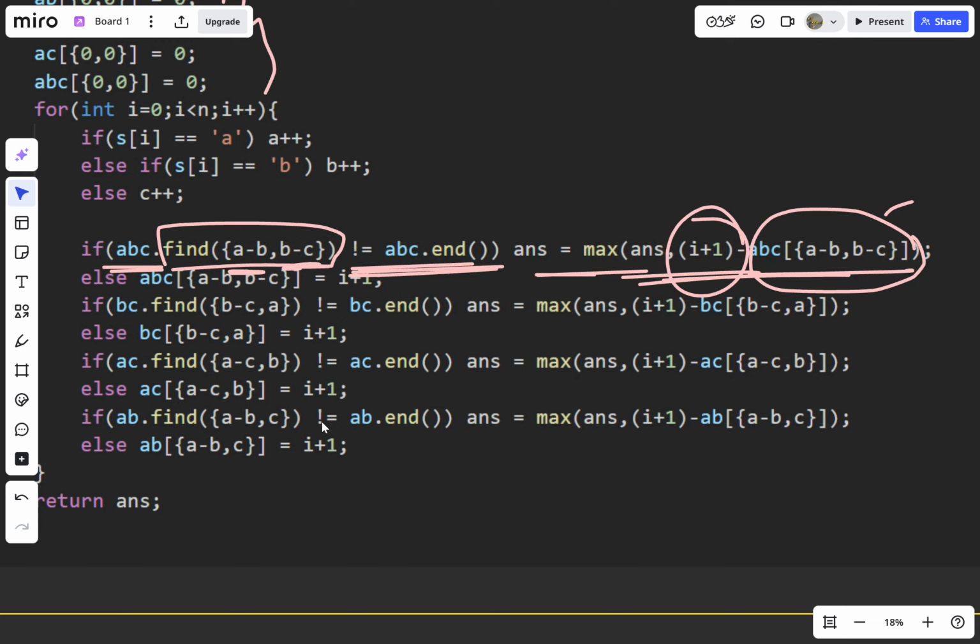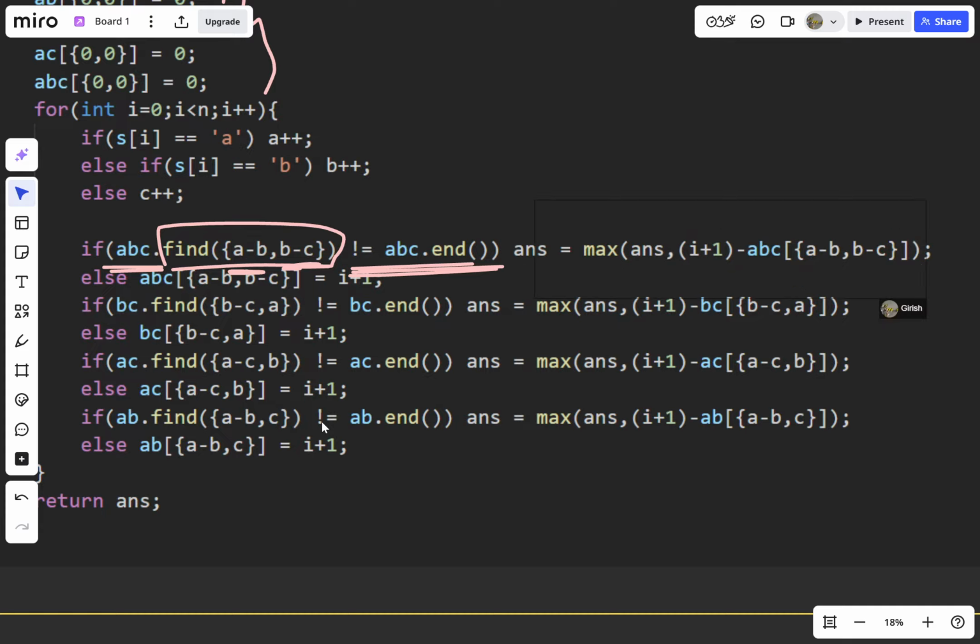So if that pair is present earlier, we will check whether that is the maximum one or not. Meaning we got the balanced pair, and we will maximize our answer with that balanced substring length. So this is containing the length of the maximum balanced substring.